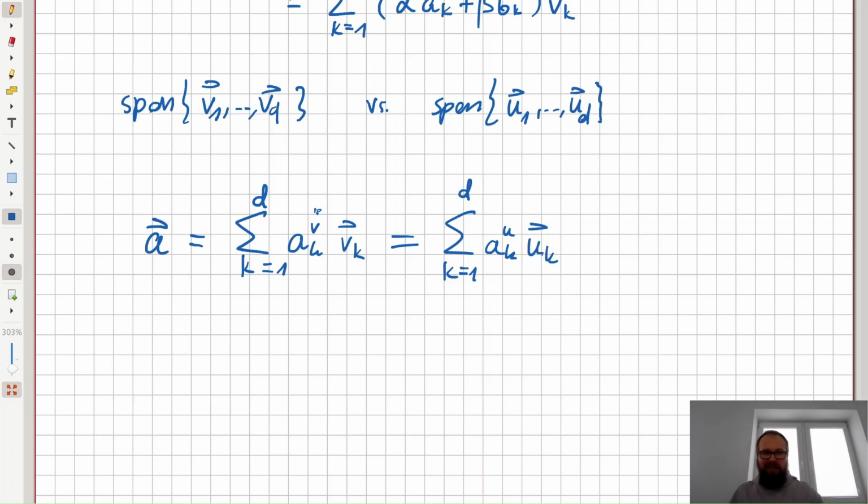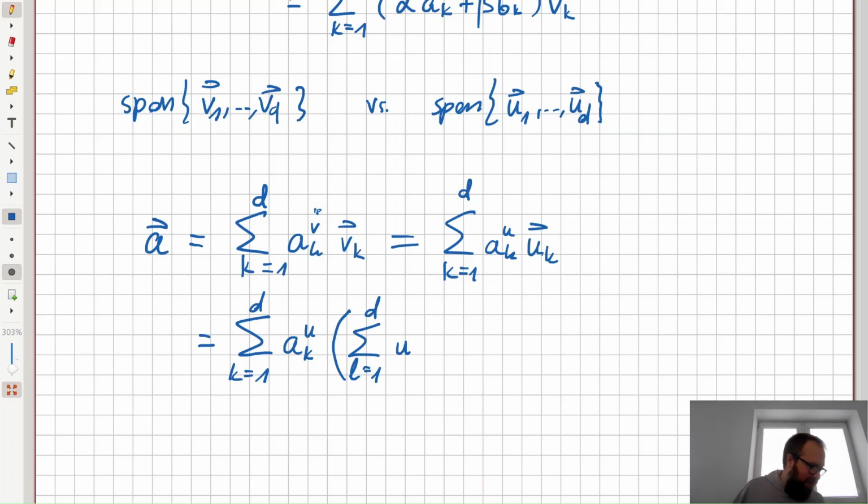So I could just carry on with this and say, okay, so here I have the sum over K. I have my coefficients A_K^U, but the vector U_K, well, it's some combination of V_L.